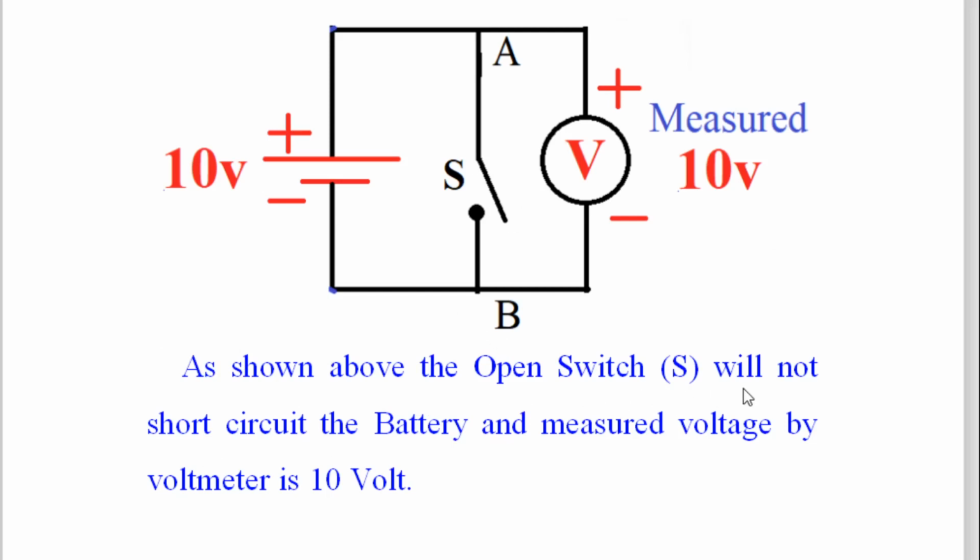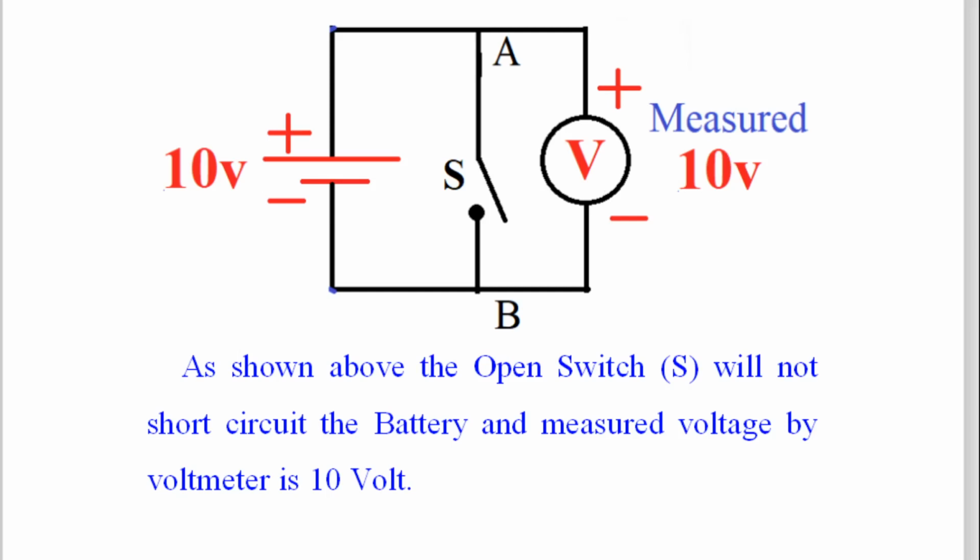As shown above, the open switch S will not short circuit the battery, and the voltage measured by the voltmeter is 10 volts because the voltmeter's positive is connected to the positive of the battery and its negative to the negative of the battery. The switch is open, so it is not going to short circuit the battery.